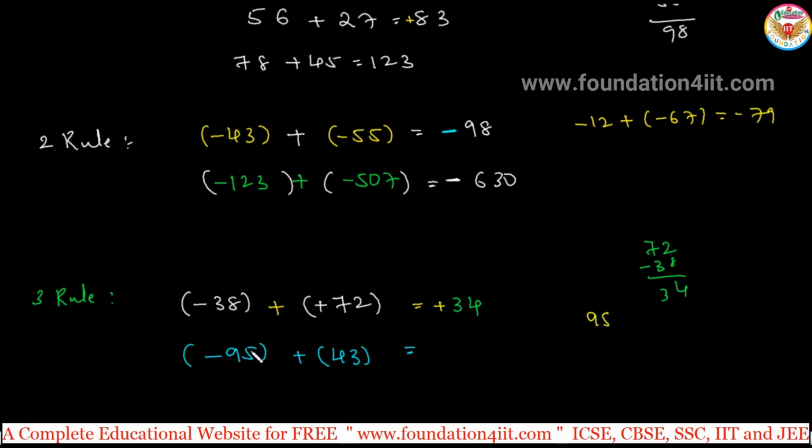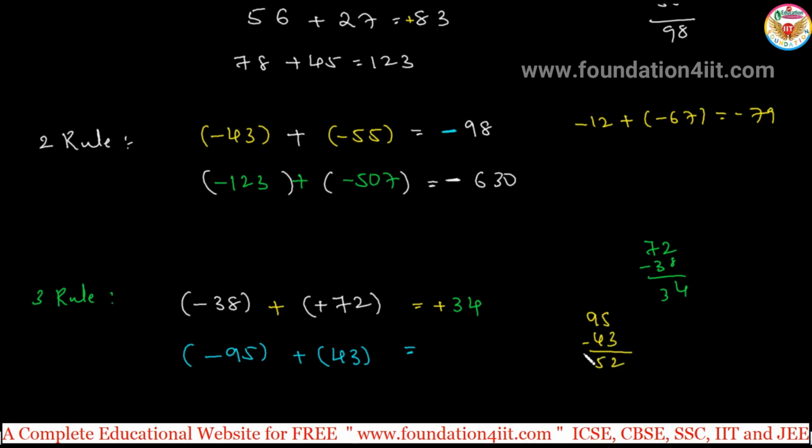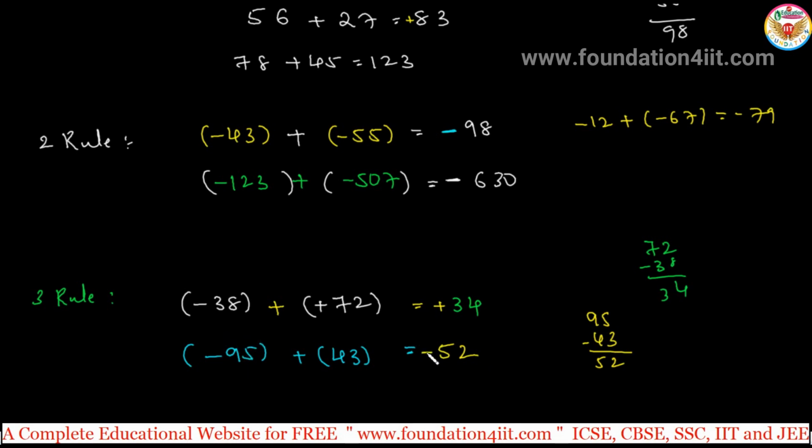Don't look at the sign. 95 is the greater numerical value. 43 is the smaller numerical value, which you subtract first. 5 minus 3, 2. 9 minus 4, 5. 52 you should write. Now assign the sign of whichever has the greater numerical value, 43 or 95. 95, right? 95 has a negative sign, so you keep the negative sign. Don't forget this. When both integers have opposite signs, you have to follow this rule. Let us take one more example.